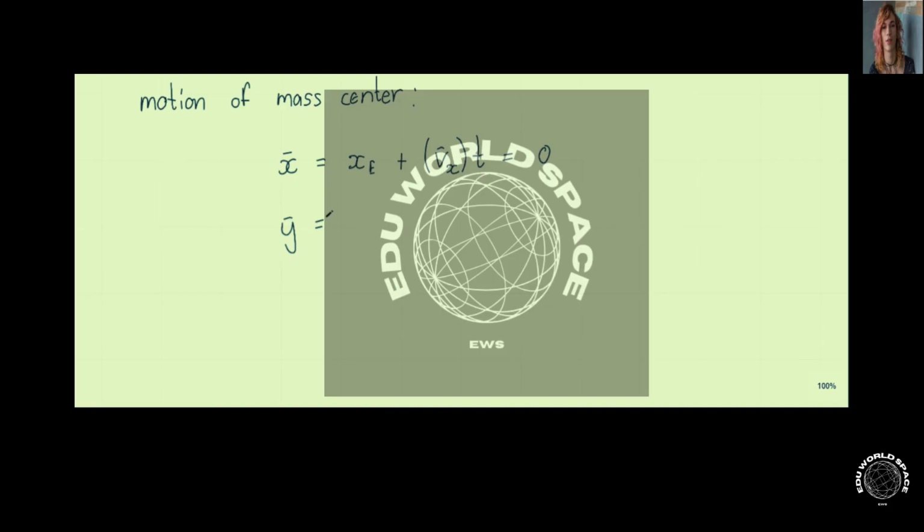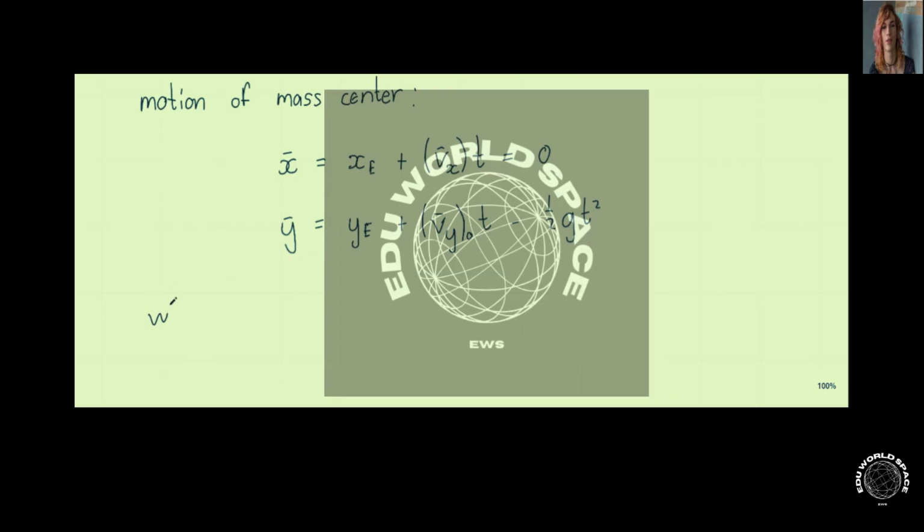The y coordinate of the mass center is equal to ye plus the initial velocity of the mass center multiplied by t minus a half g t squared, that term that is due to the acceleration due to gravity.